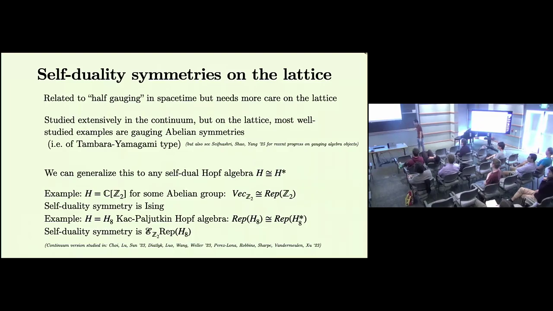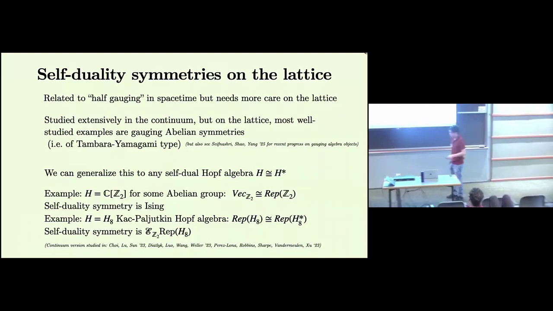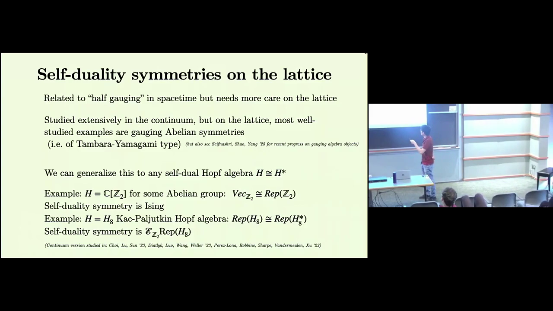Okay. And the claim is that I can generalize this to any self-dual Hopf algebra. For example, if the Hopf algebra is Z2, we have the duality that Z2 is equivalent to Rep Z2, and so the self-duality is Ising.